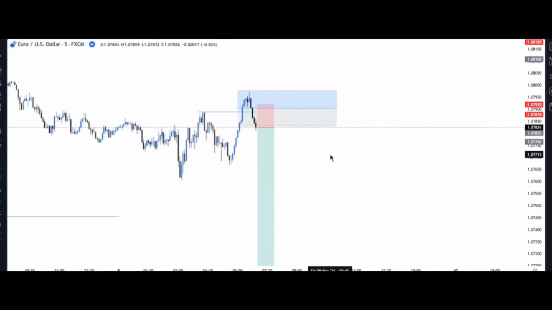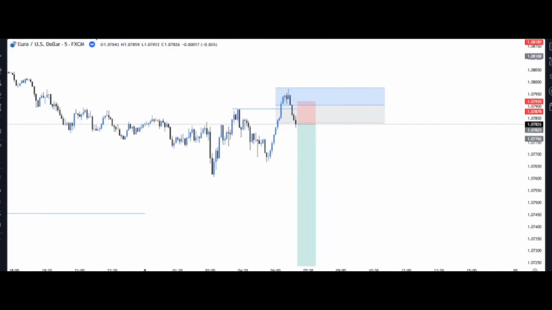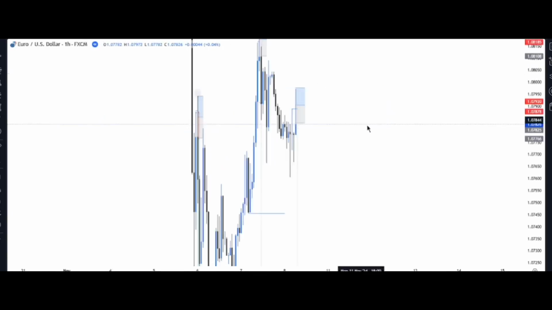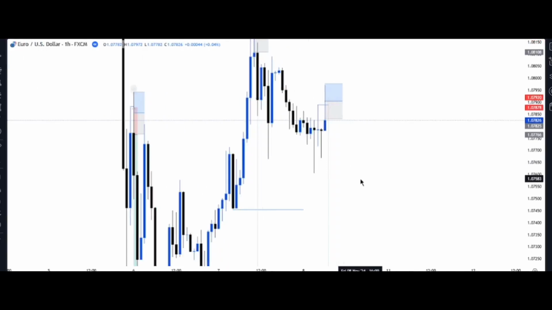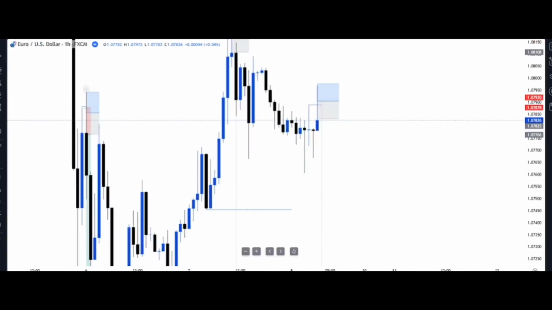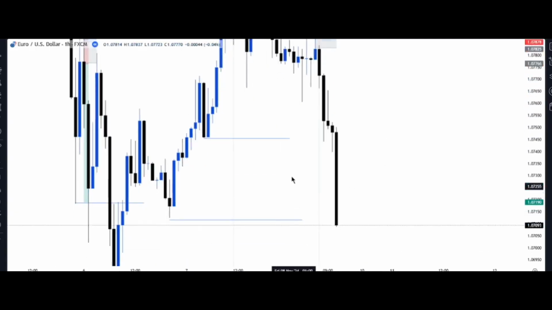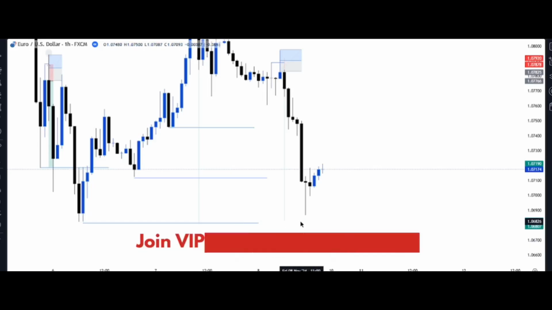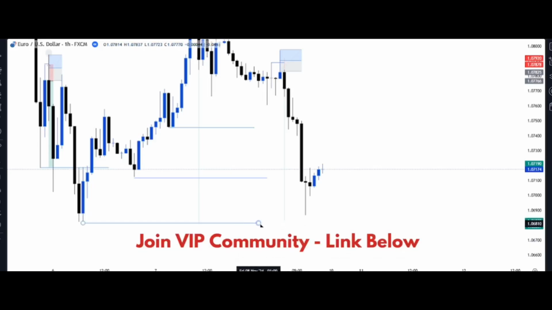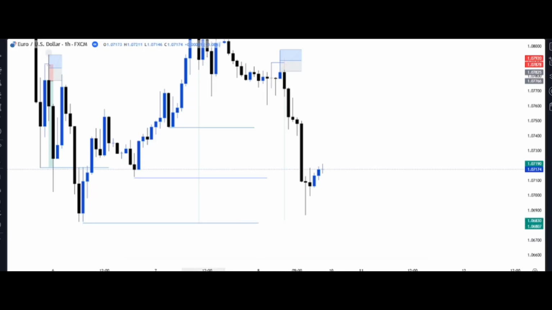So let's get back to the 1H and make it faster. The video is getting too long. So let's continue to advance price. Okay, so price is dropping massively in our favor. This is our ultimate target. Price nearly got to our ultimate target, but let's continue to advance price and see what happens.